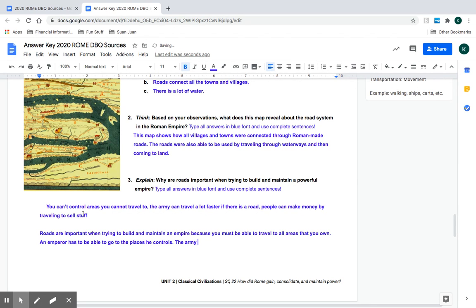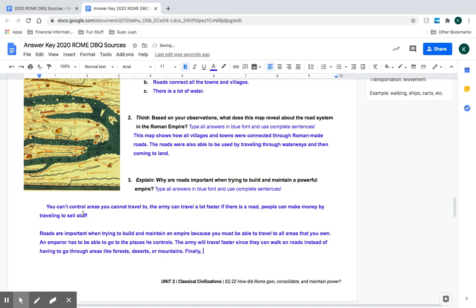The army will travel faster since they can walk on roads instead of having to go through areas like forests, deserts, or mountains, right? Anything that'll slow us down.